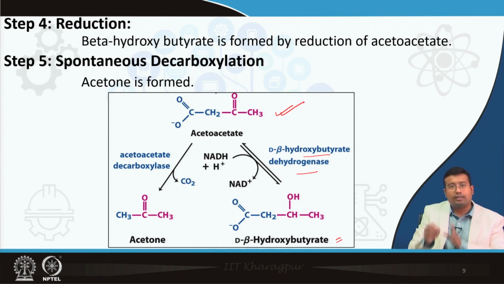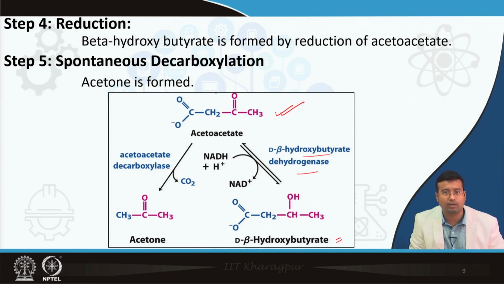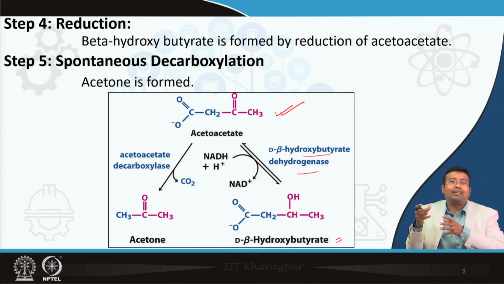The enzyme dehydrogenase also leads to the conversion of beta hydroxybutyrate back to acetoacetate. Okay. If you are getting confused about the nomenclature, just remember the enzyme beta hydroxybutyrate dehydrogenase acts on beta hydroxybutyrate. Dehydrogenase means it removes H plus ion.